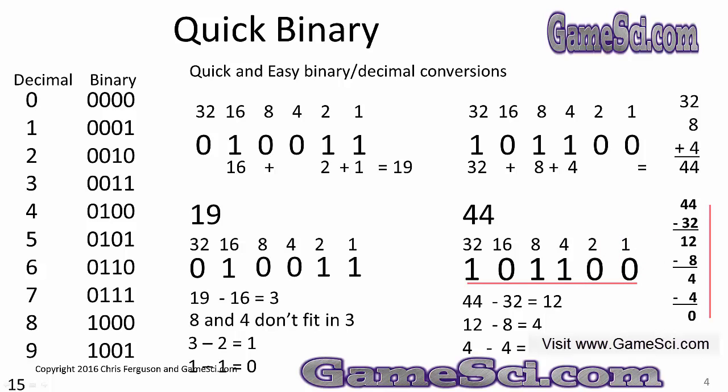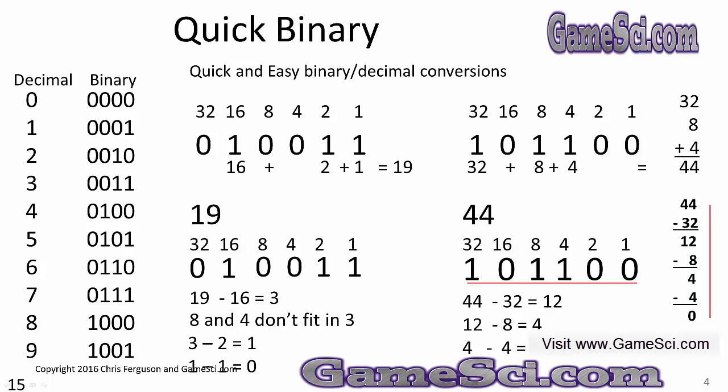If you prefer to do this vertically, and a lot of people do, and I kind of prefer it myself too, you can see I've done it here vertically. I'm trying to convert 44. I'll subtract 32 because it fits and put a 1 underneath the 32. That leaves me with a 12. I'll leave the 16 alone because the 16 doesn't fit into the 12.